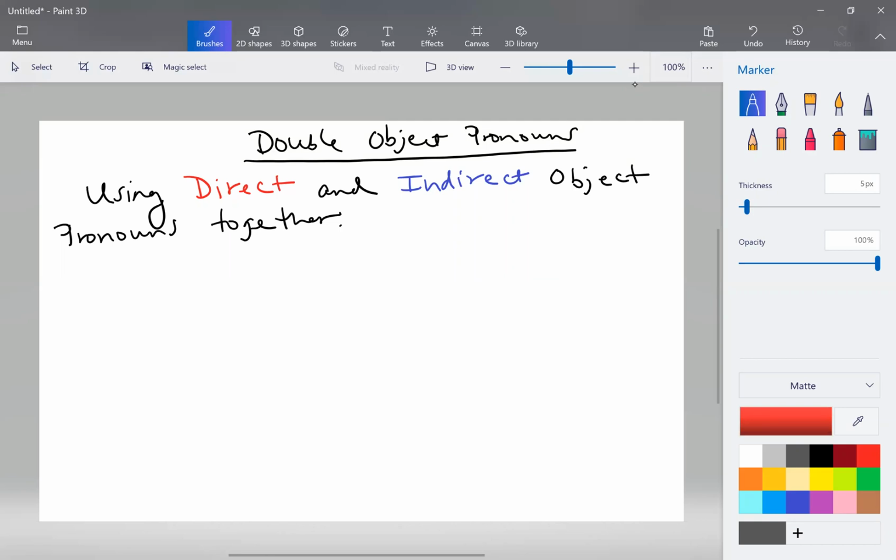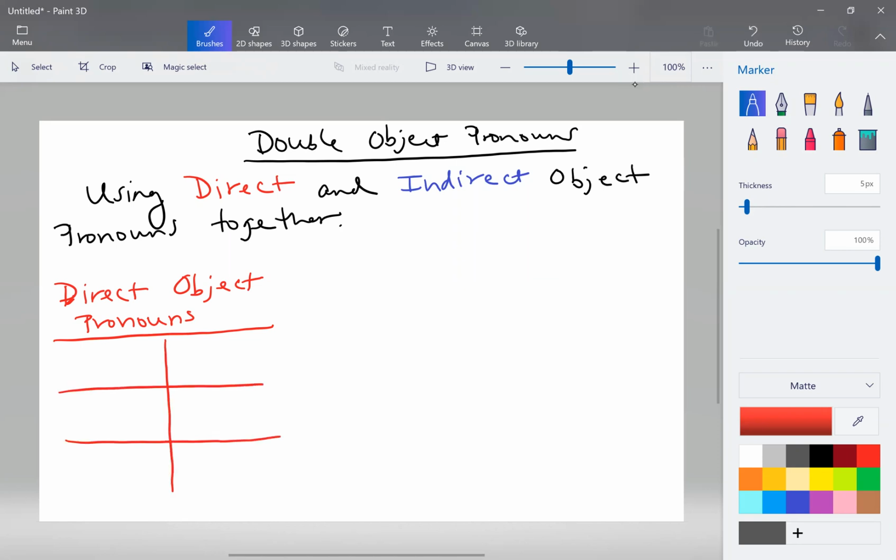So let's remember that direct object pronouns look like this. What would those look like?